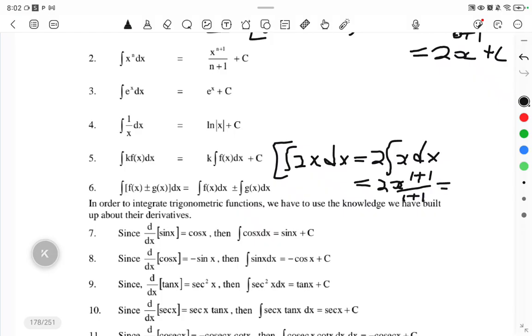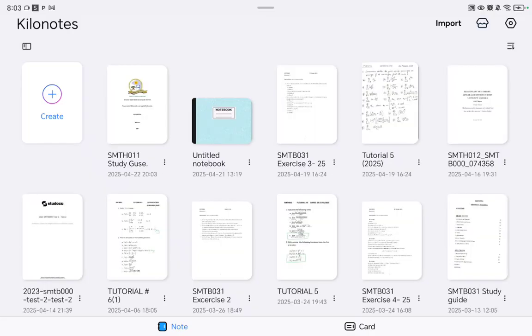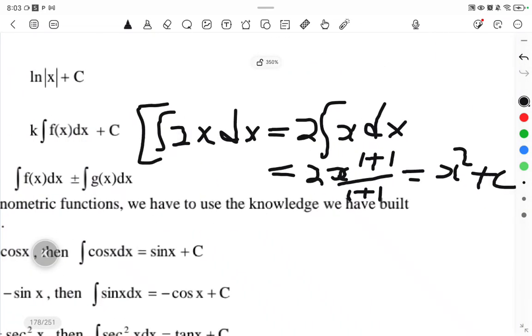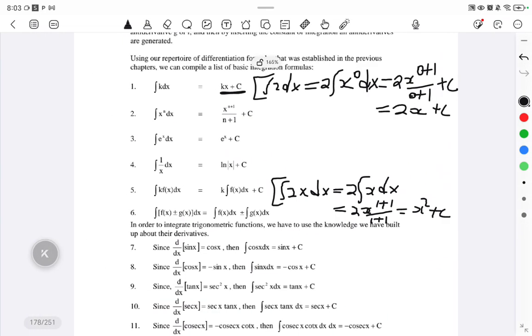So this will be x squared plus c, because that denominator of the 2 will cancel out the 2 here. This 2 will cancel out this 2. So we're left with what? We're left with x squared plus c. So we see, right? Then that is the case.